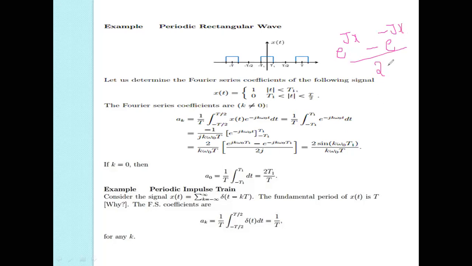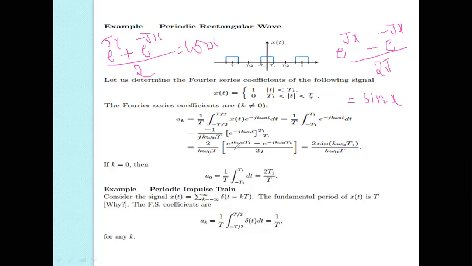According to Euler's rule, e power jx minus e power minus jx by 2j is sin x, and cos x is e power jx plus e power minus jx by 2, as we already know.